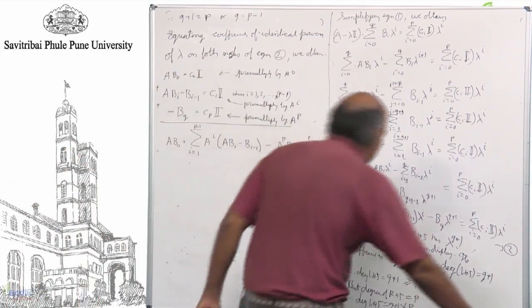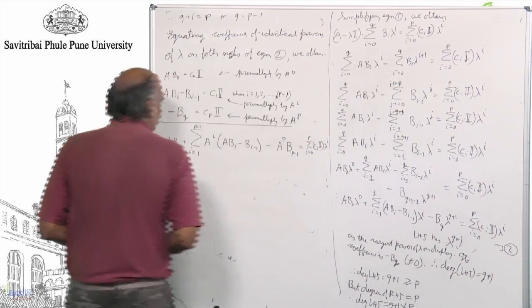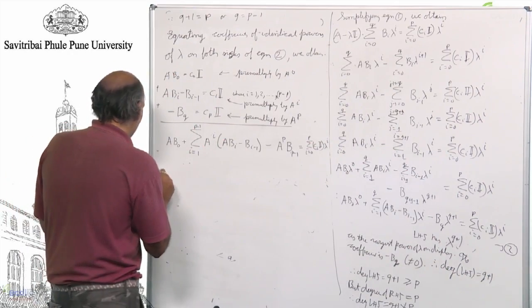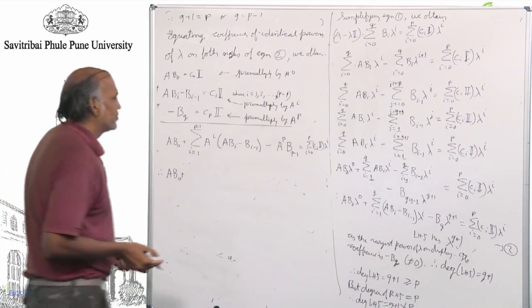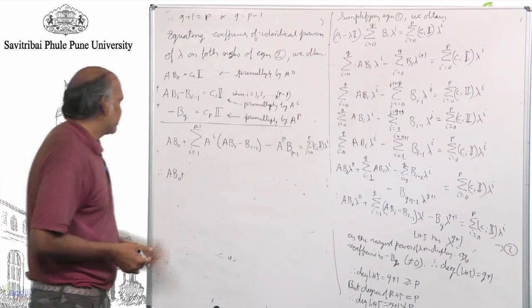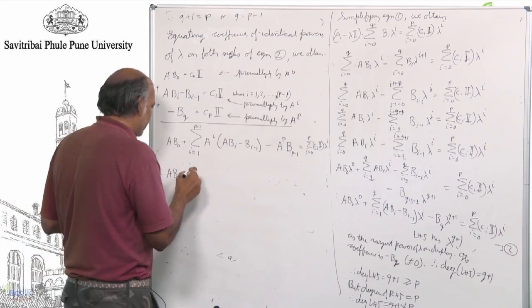So I will keep this as it is. Let us see what happens here. Therefore, A b0, again I try to do similar things, but there is no lambda here now.